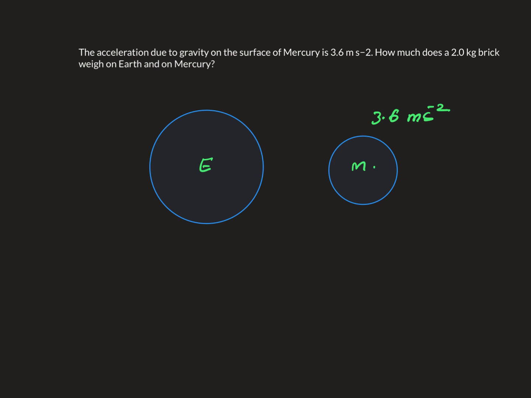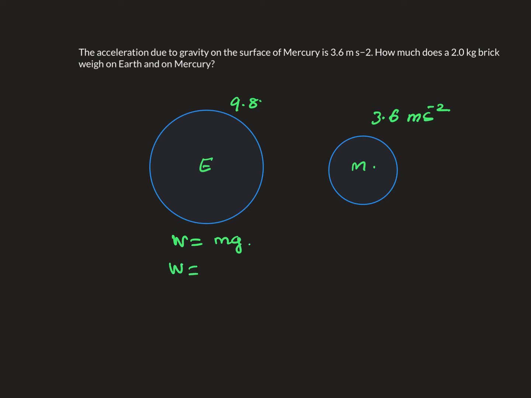So this is an example about weight on different planets. It's given that on Mercury the gravitational acceleration is 3.6, and we know it's 9.8 on Earth. They're asking us to find the weight. Because they have given the mass as 2 kilograms, the weight is W equal to mg. So that's the equation we're going to use.